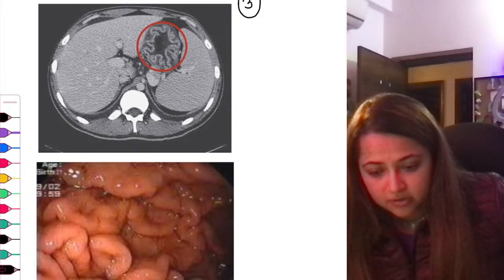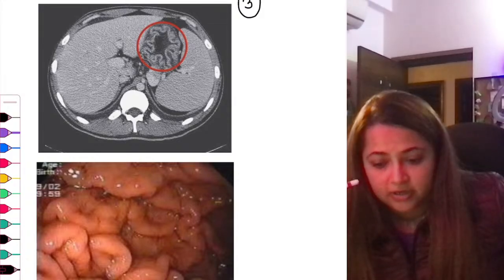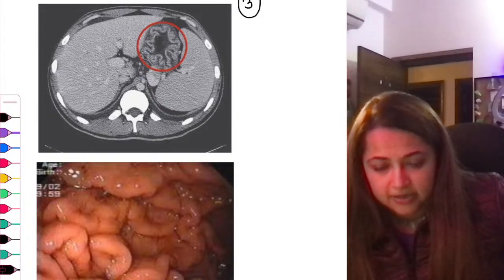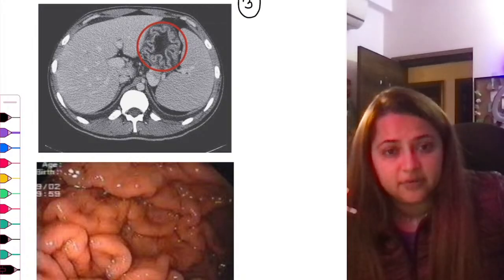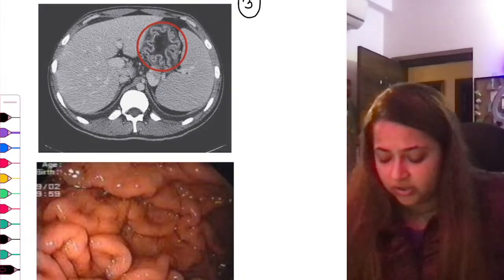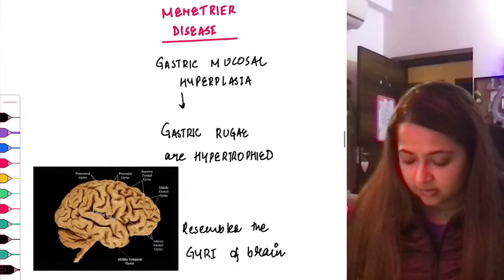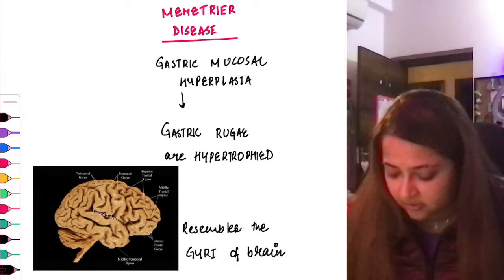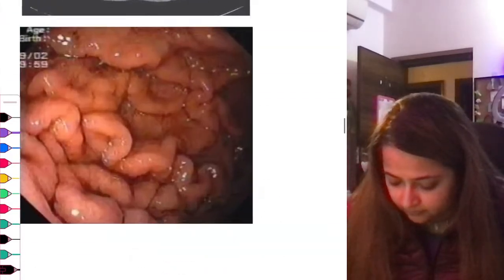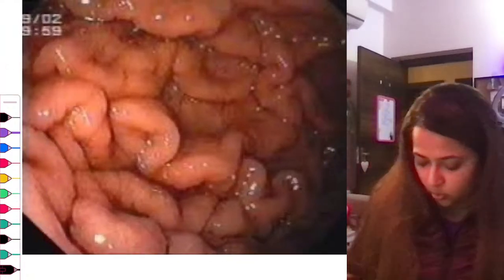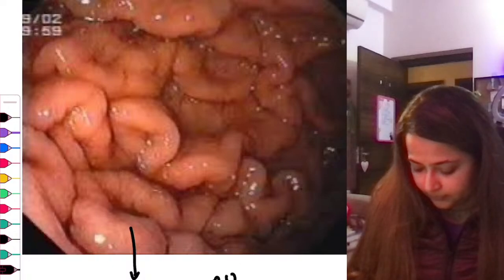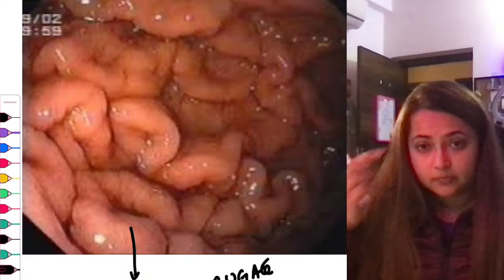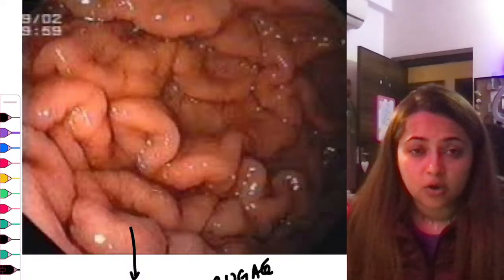Okay, Akanksha says look cerebriform. All right. What is the name of the condition? Exactly. The name of the condition is Menetrier's disease. This is a very high yield image. Please know this. Now what happens in Menetrier's disease? If you can see the gastric rugae, how are they appearing?